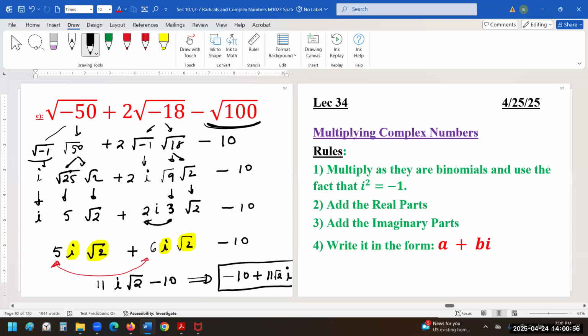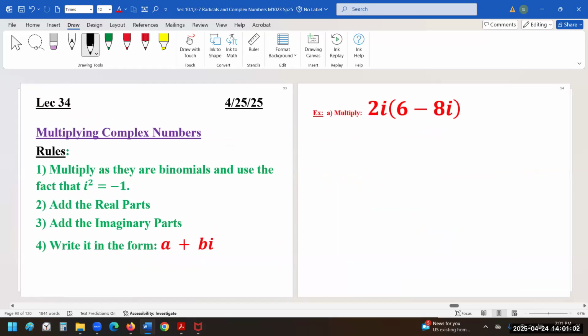Now, how do you multiply? Well, we already know how to multiply them, so it's not anything new. Let's do a multiplication. We have a monomial times a binomial. Distribute, just like a normal variable. What do you get from the first distribution? 12i. 2 times 8, 16.